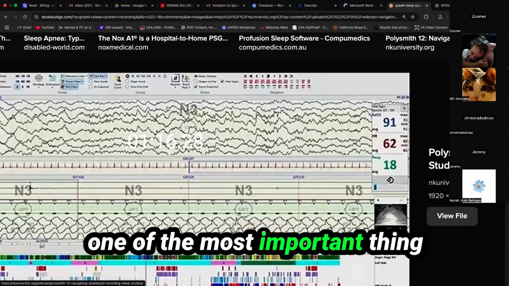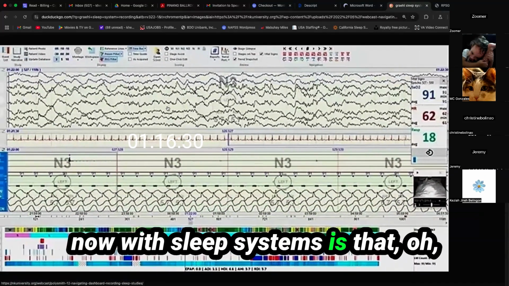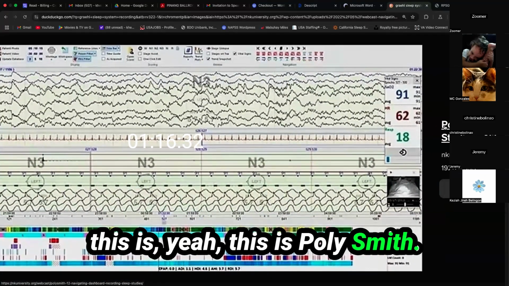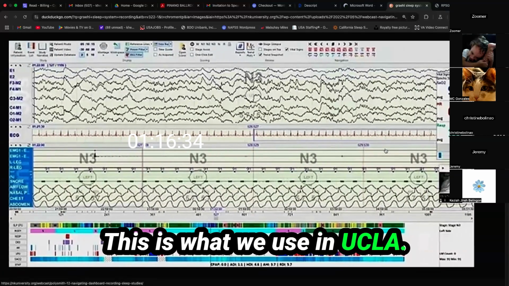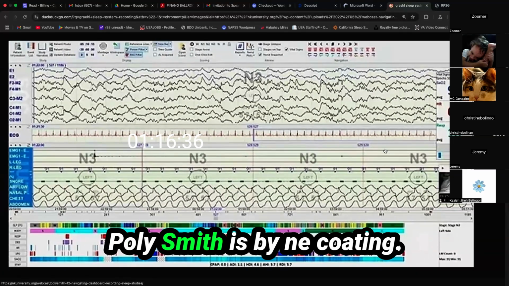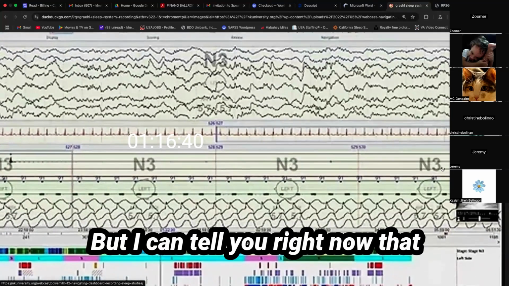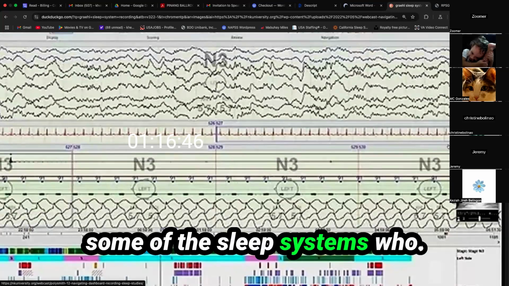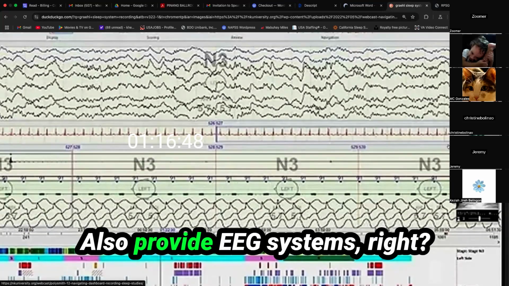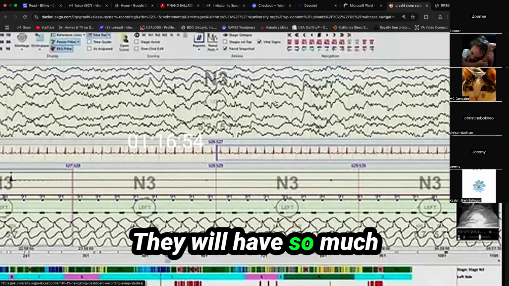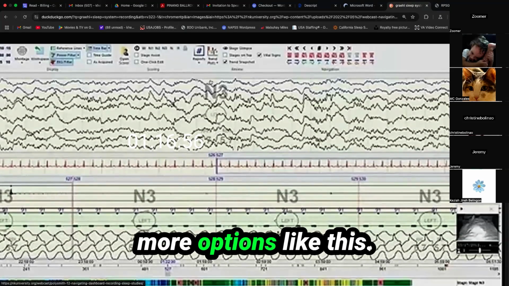One of the most important things now with sleep systems is that this is Polysmith. This is what we use at UCLA. Polysmith is by Nihon Kohden. But I can tell you right now that some of the sleep systems who also provide EEG systems will have so much more options.